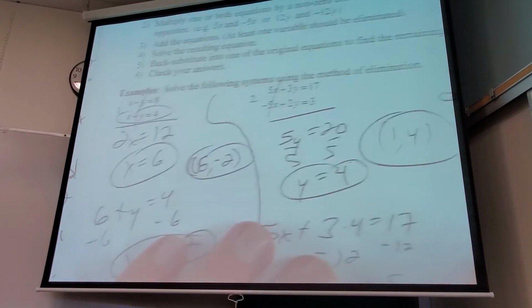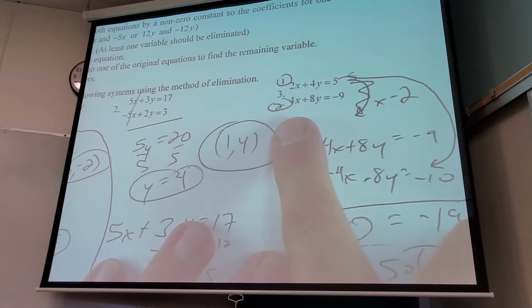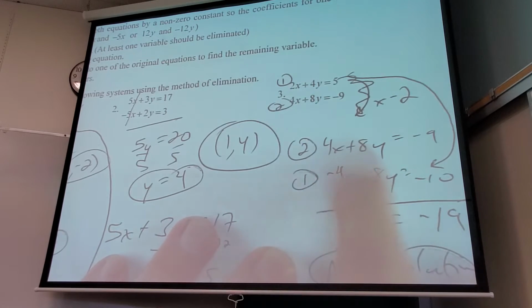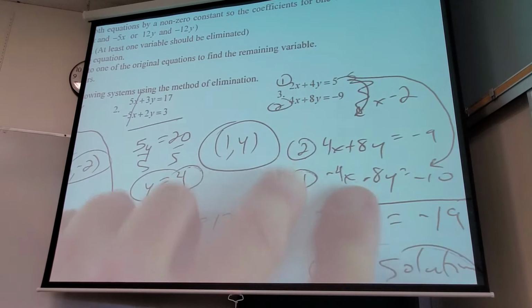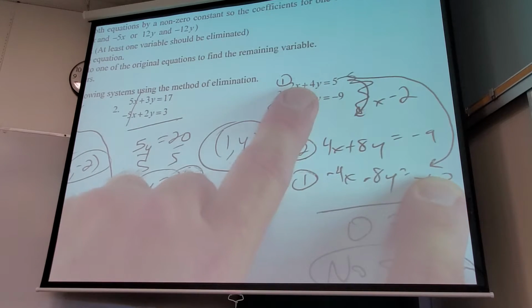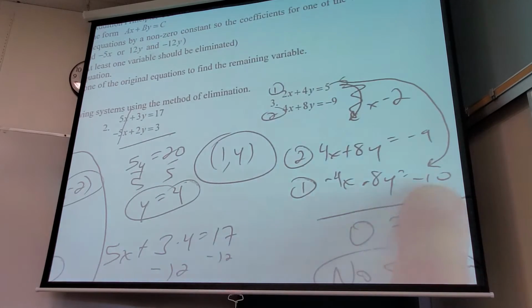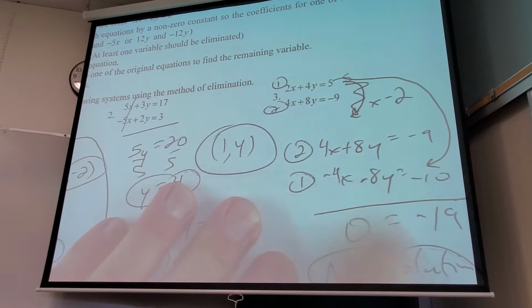This one, nothing would cancel when I added them, so I had to multiply the first one by -2, so it became -4x minus 8y equals -10. Then the y's died, right? And the x's happened to die.